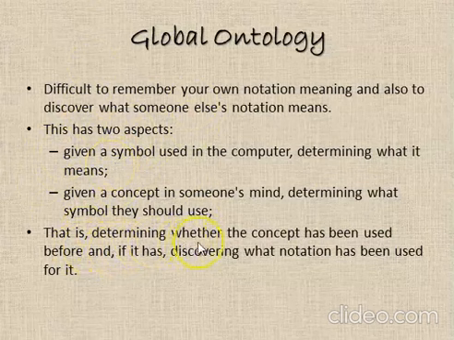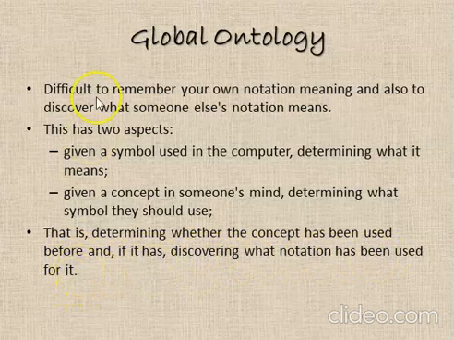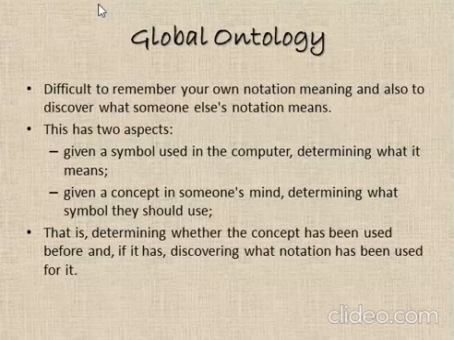That is, determining whether the concept has been used before and, if it has, discovering what notation has been used for it. So whenever we have a concept, we should check whether it has been defined before and, if so, collect the notation in the way it has been used.